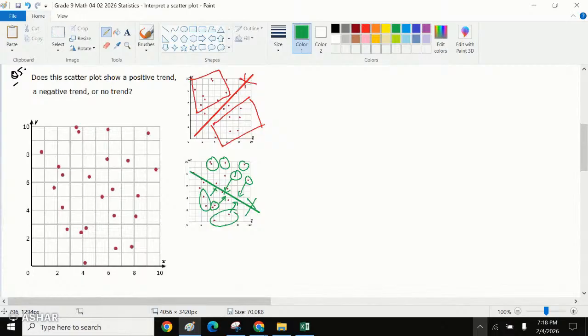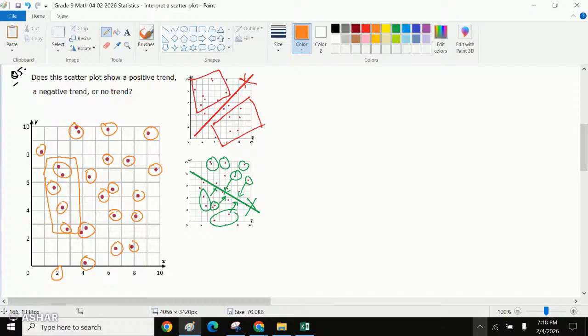So what we can say is, since the points are scattered throughout, randomly scattered throughout, we cannot see a trend. There is no one uniform way of telling us what impact there is when the variable x is increasing, because when x was 2, we had these possible answers.